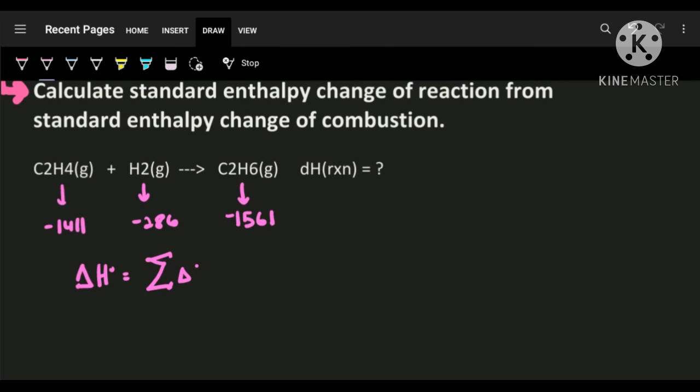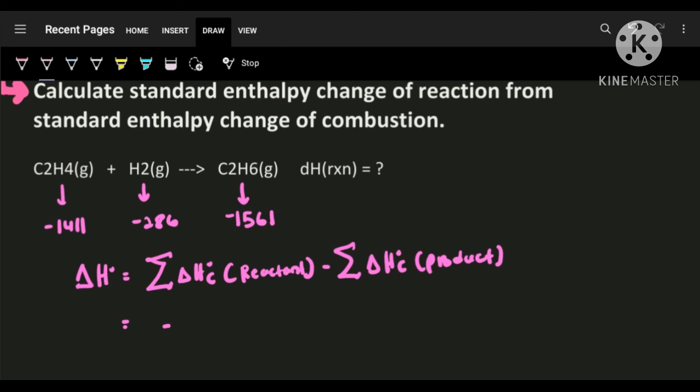The formula is the sum of standard enthalpy change of combustion for reactants minus the sum of standard enthalpy change of combustion for products: negative 1411 plus negative 286 minus negative 1561.